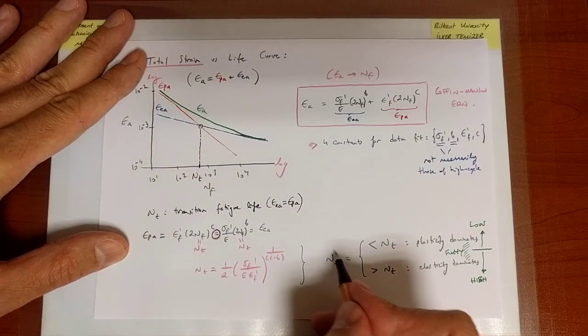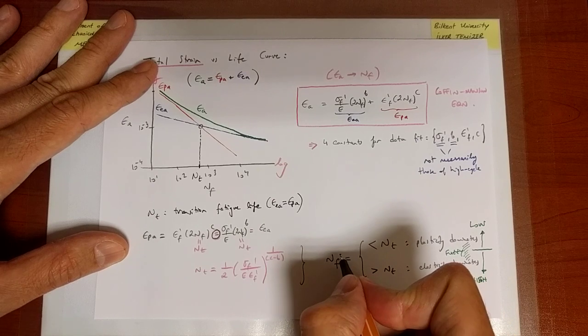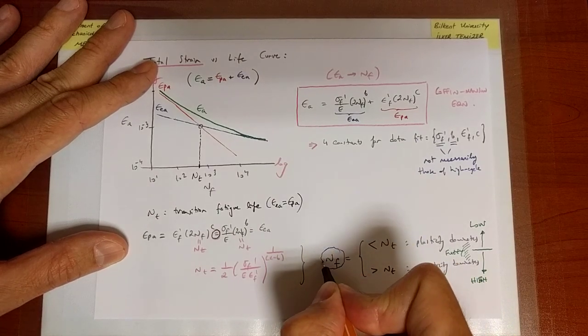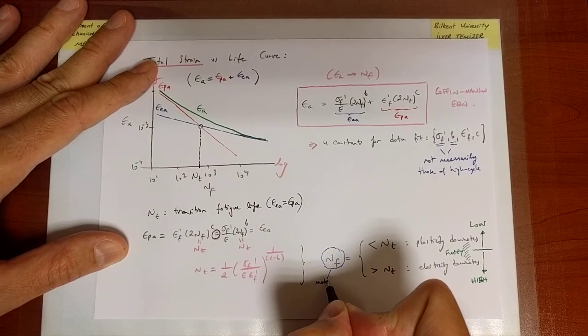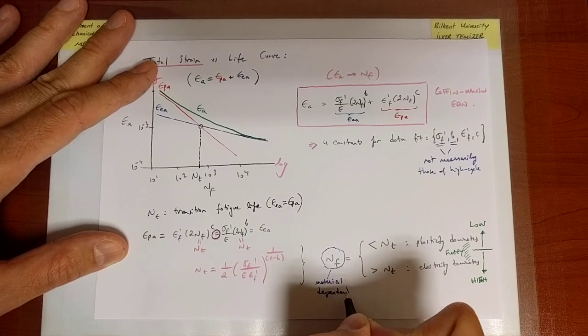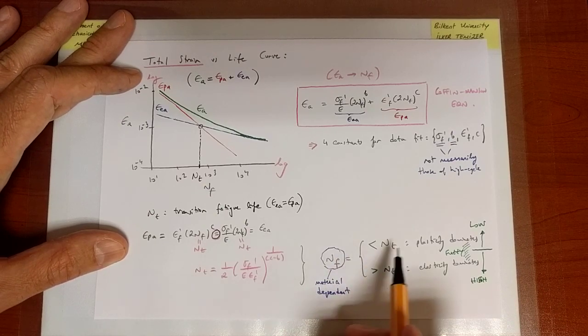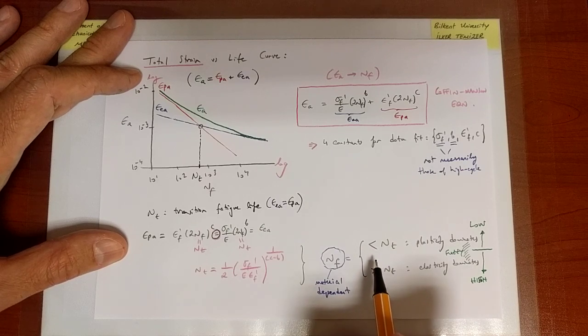But at least we now have a number that probably depends on the material and the application. We now know that, for instance, there might be cases where 10^5 cycles is actually not a very high number of cycles because perhaps there are still significant plasticity effects.